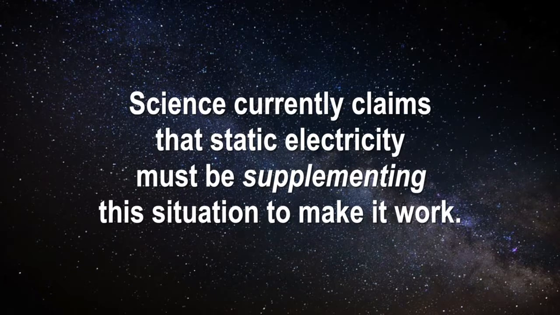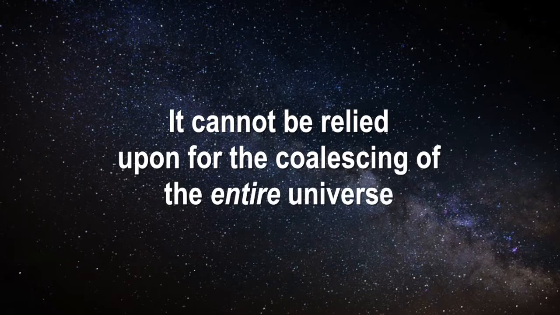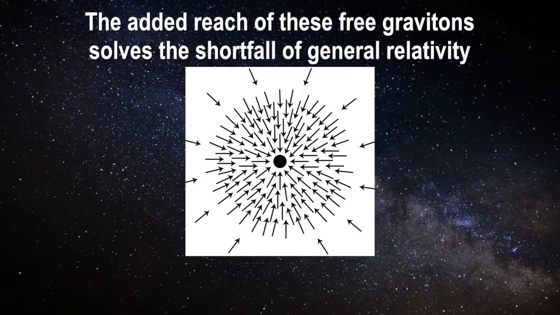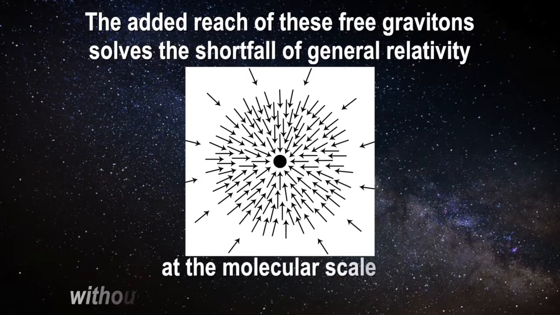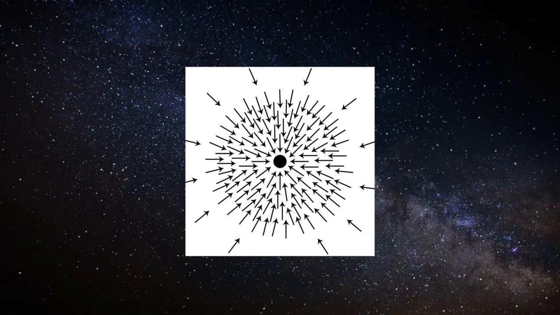Science currently claims that static electricity must be supplementing this situation to make it work. A static charge may further enhance the attraction on occasion, but it cannot be relied upon for the coalescing of the entire universe. The added reach of these free gravitons solves the shortfall of general relativity at the molecular scale without the need of a supplemental force.